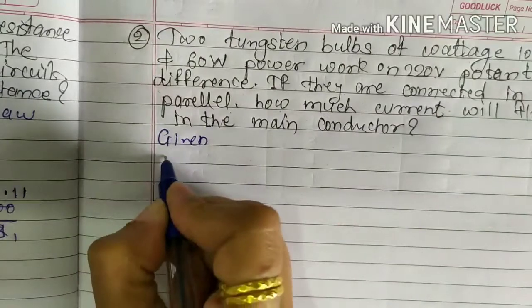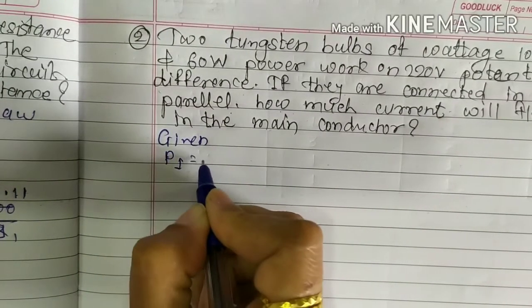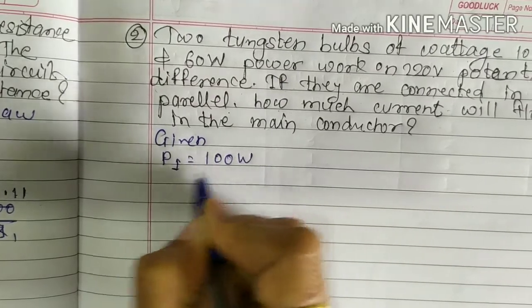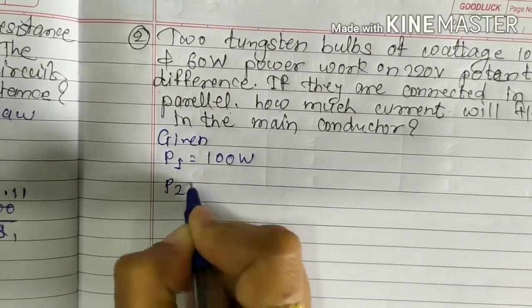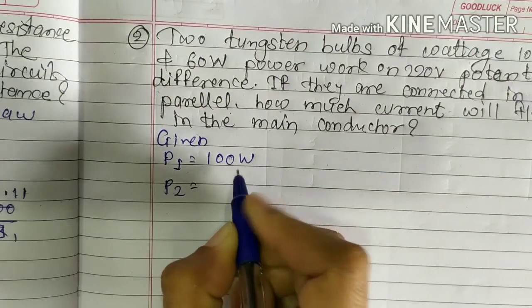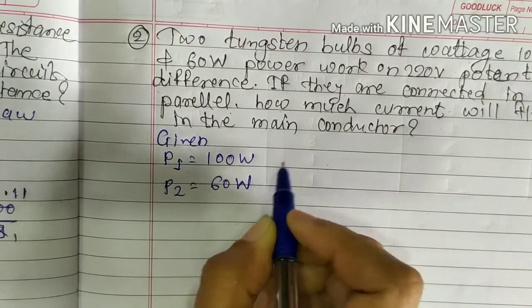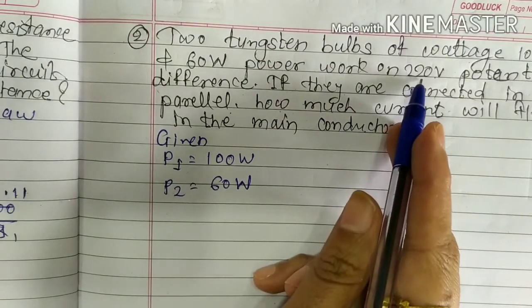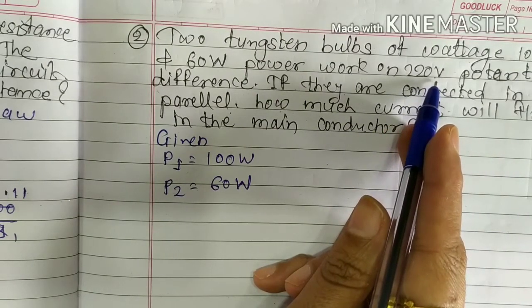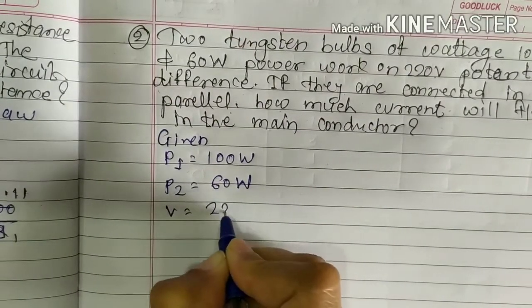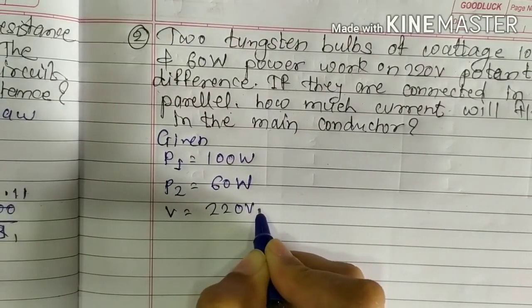Hence, power of first bulb, that is P1, is equal to 100 watt. P2, that is power of second bulb, is 60 watt, and 220 volt, that is the potential difference. Hence, V is equal to 220 volt.